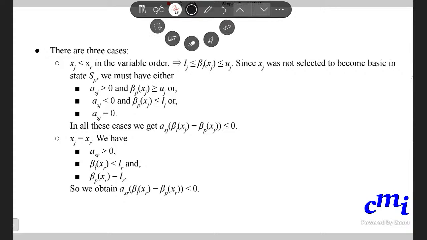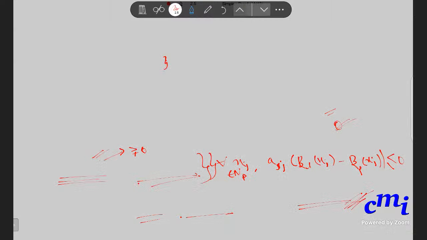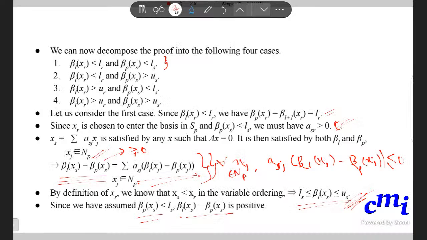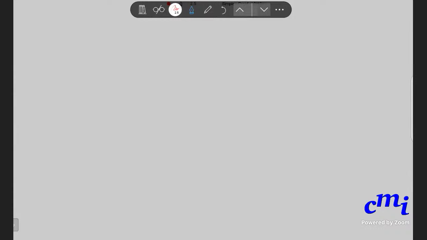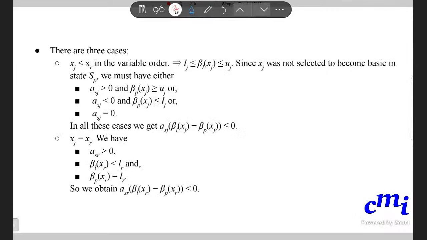So case 2 is xj is equal to xr. So if xj is equal to xr, then we already have from here that ASR is greater than 0. So we have ASR greater than 0 and beta L of XR is less than LR, because that's the case that we're looking at right now.